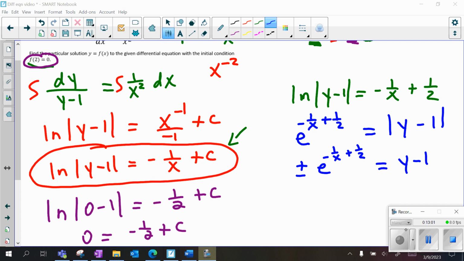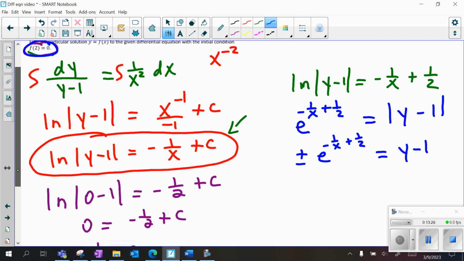Now this one's a little tricky because I just took this out of the absolute value. Can I make a decision now? Normally I would go back to this point and look at the y value and see if it's positive or negative, but in this case, my y is 0. So I'm not really sure what I need to pick just yet. All right, well, since I'm not sure, let's get y by itself.